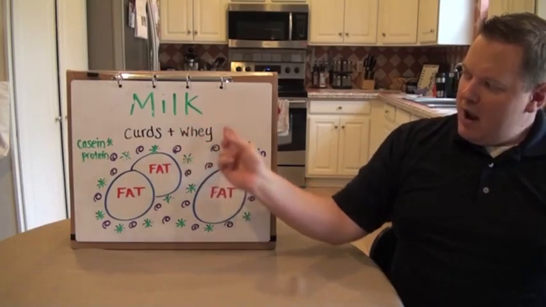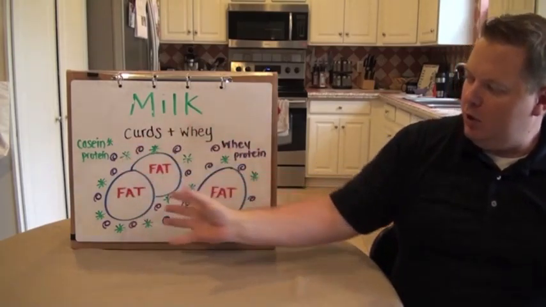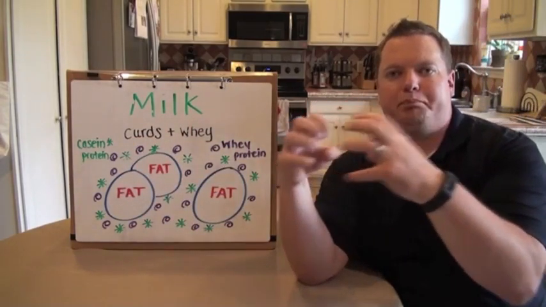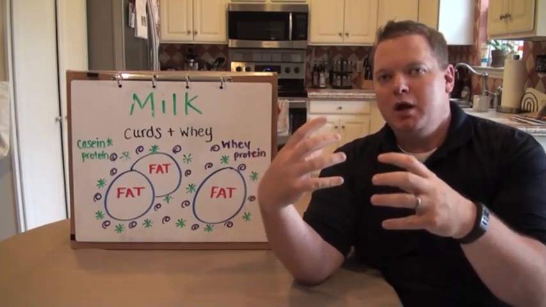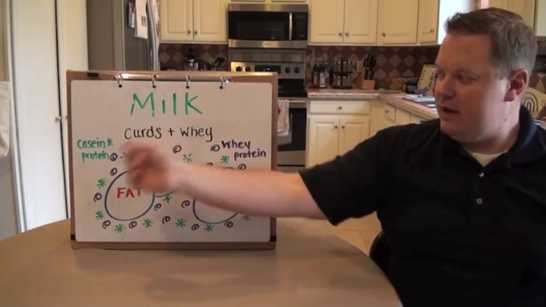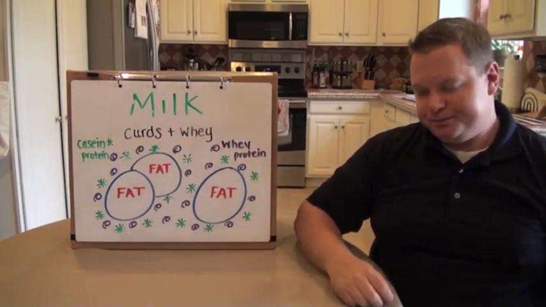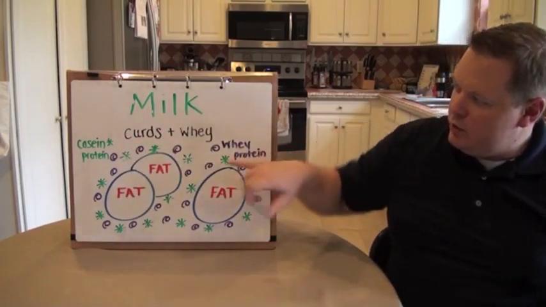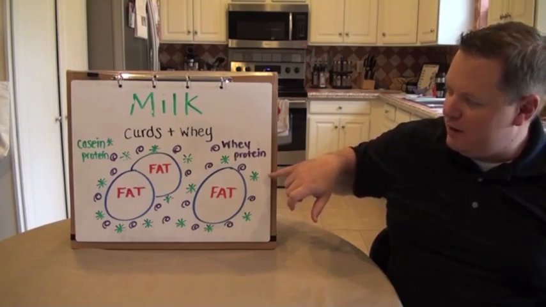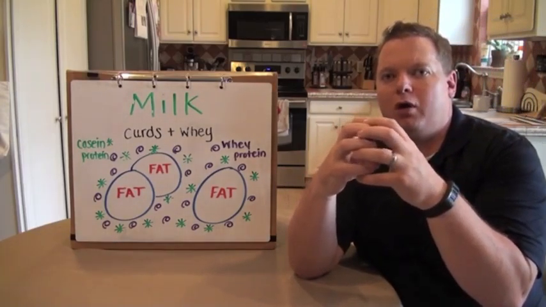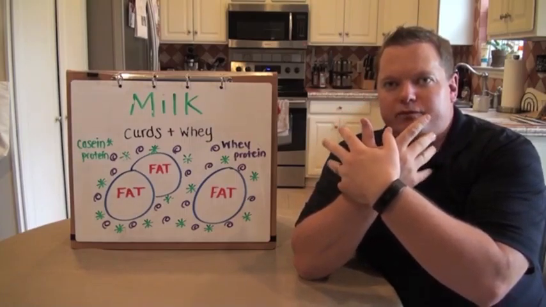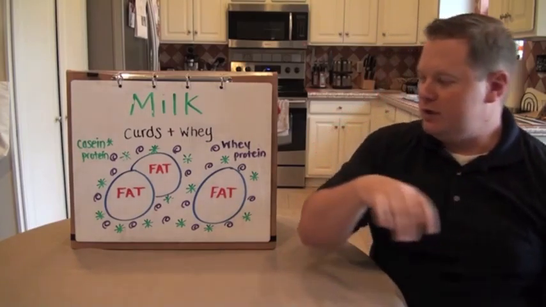But inside the whey, if we look at milk here, we have these small pockets of fat, which are going to be related to an emulsion. So we have this fat in this liquid solution. We also have two different types of proteins. We have casein proteins, which are going to form micelles, which are small bunches of these proteins.